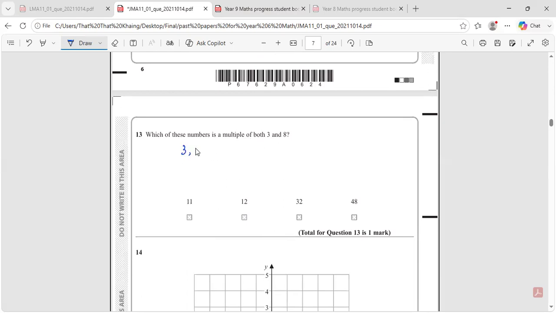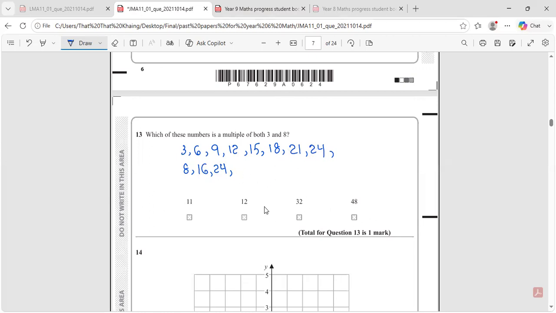So we have to think about multiples of 3 and multiples of 8. 3 times 2 is 6, 9, 12, 15, 18, 21, 24. 8 times 3 is 24. So this one is a multiple of 24.